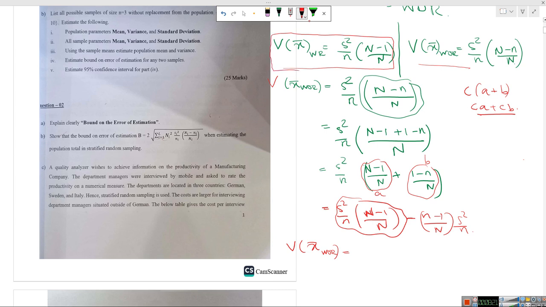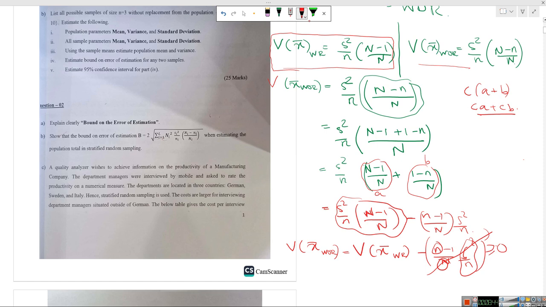So you may write this as variance of x bar with replacement minus n minus 1 divided by n squared into s squared. So now this is always greater than or equal to 0, because n minus 1 is positive, n is positive, and this portion is also positive.